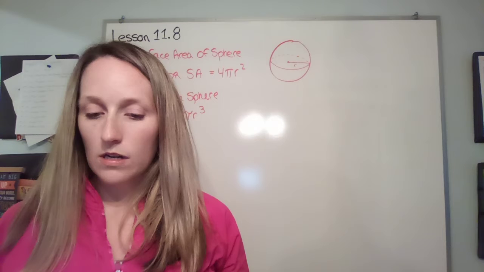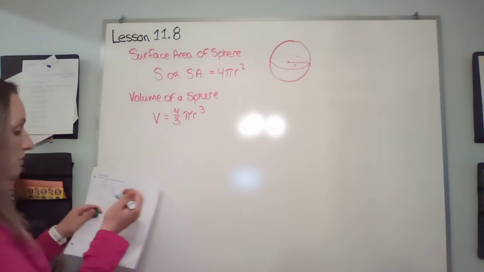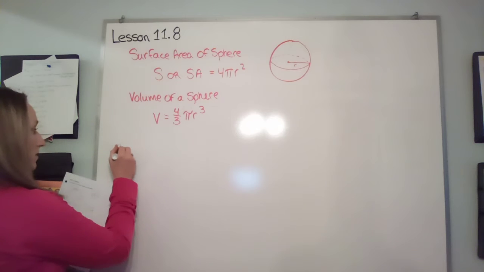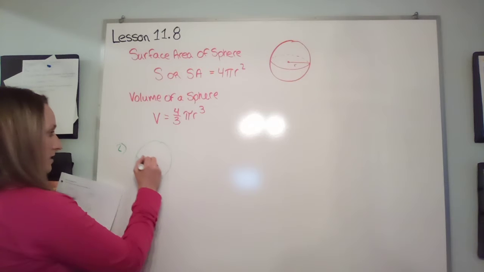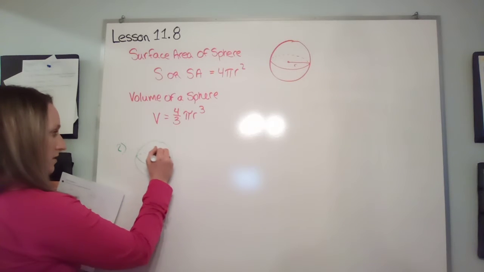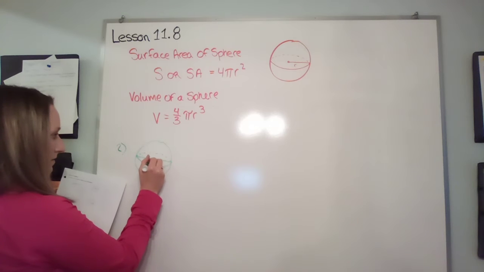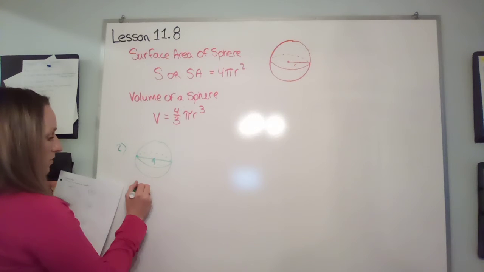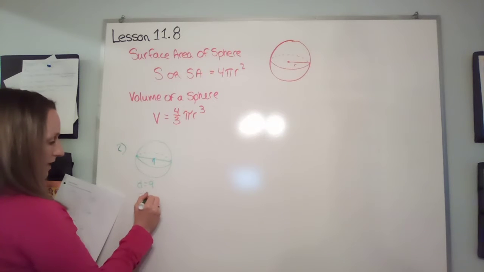All right, so I'm going to look at numbers 2 and 4 on page 33 to start. For problem 2, you're given a diagram with a sphere, and you're given that the diameter is 9. So if your diameter is 9, that means your radius is 9 halves.